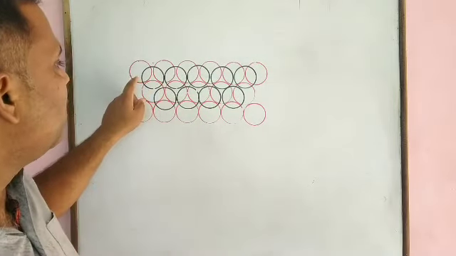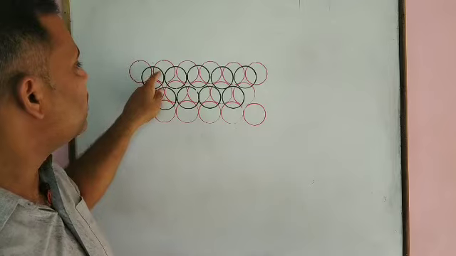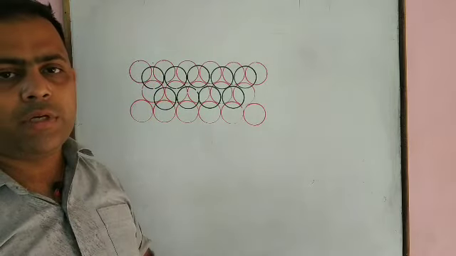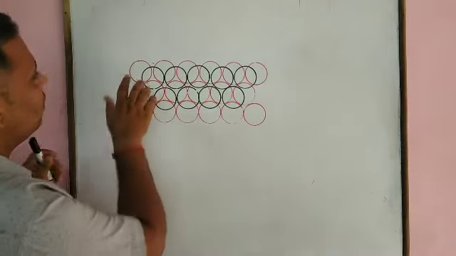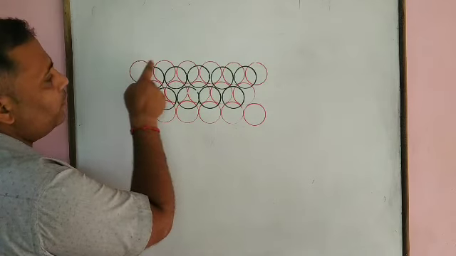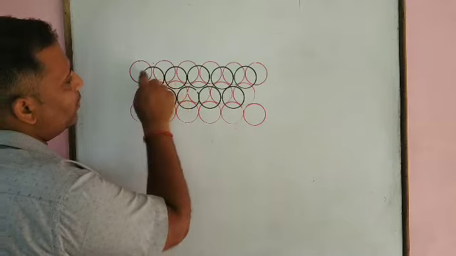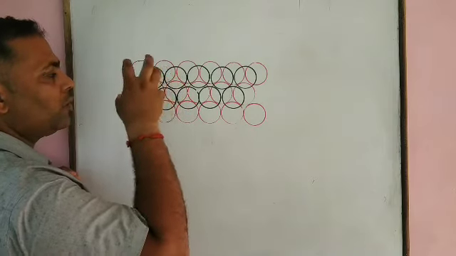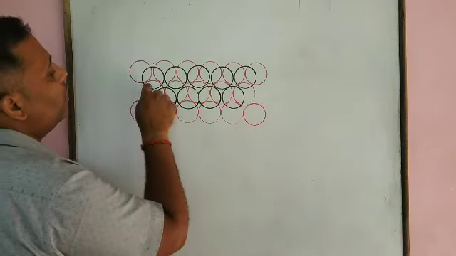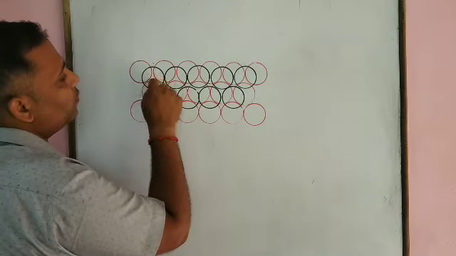How are they placed? They are placed in the depression of the first layer. See here. This one is the lower layer, 1 atom, 2 atom, this one is 3 atom. And the black color layer represents the atoms or the spheres of the upper layer. It is placed in the depression of the first layer.